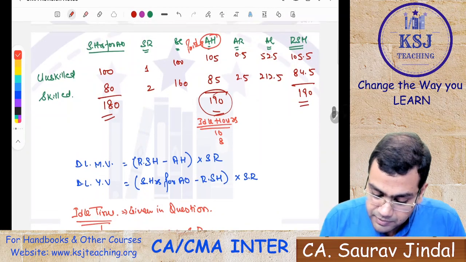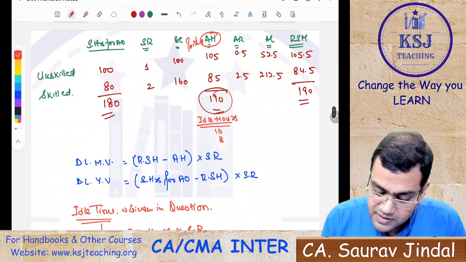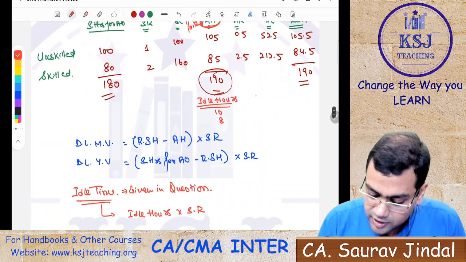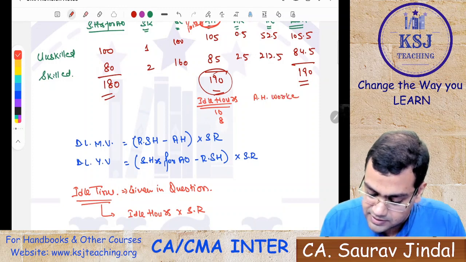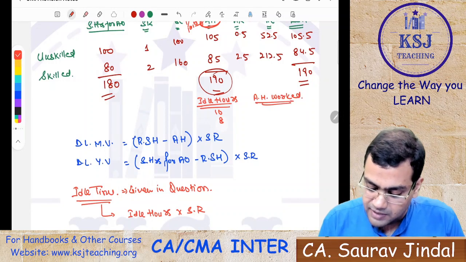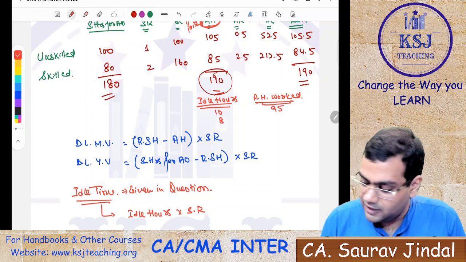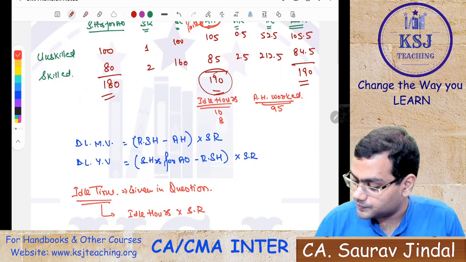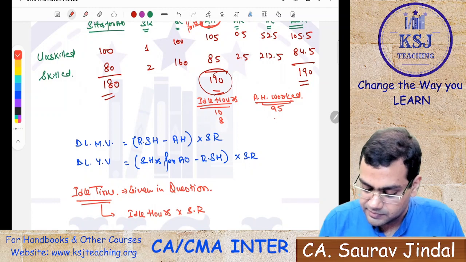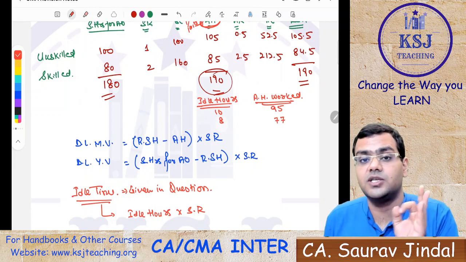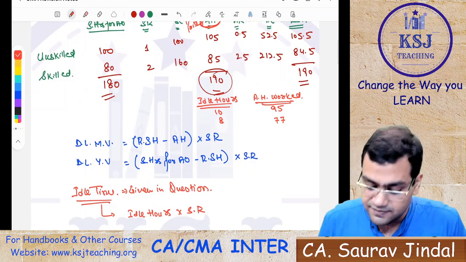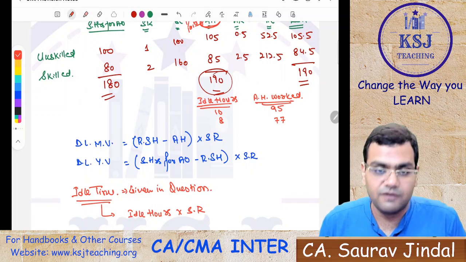Then if you subtract the idle hours from the actual hours paid for, what you get is actual hours worked for efficiency variance, right? That is 105 minus 10, 95, and 85 minus 8, that is 77. This is what you get for actual hours worked, which is used for the calculation of efficiency variance. This is the role of idle hours.